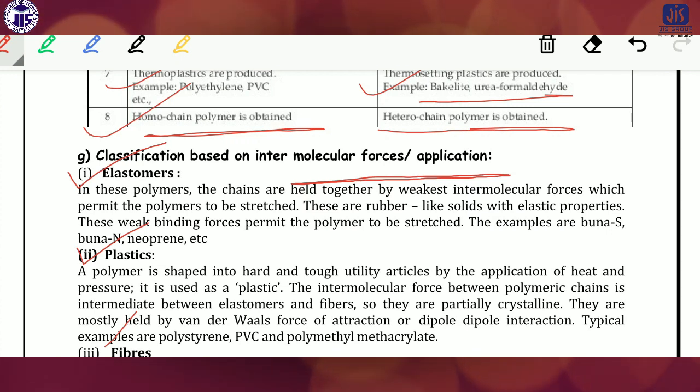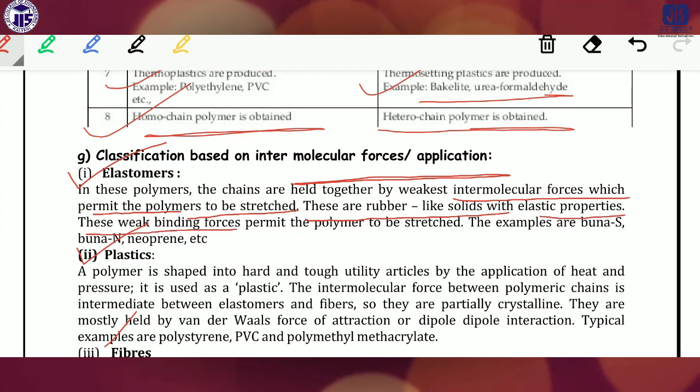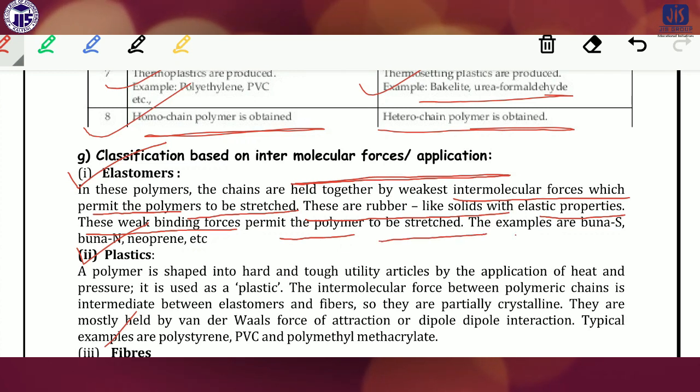In this polymer, the chains are held together by the weakest intermolecular forces, which permit the polymer to be stretched. These are rubber-like solids with elastic properties. These weak binding forces permit the polymer to be stretched. The examples are Buna S, Buna N, etc.